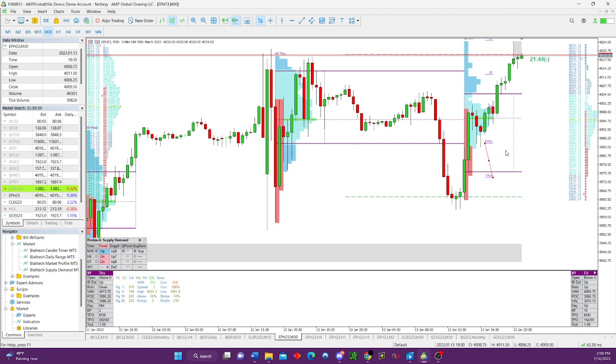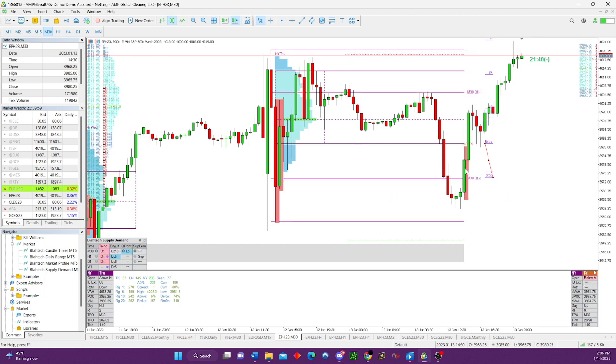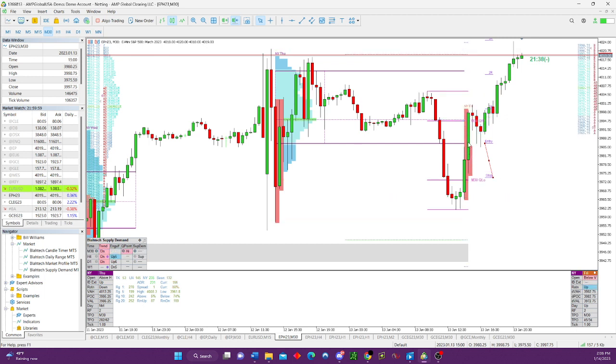Okay, with that being said, I noticed that this candle right here during the B period closed confidently inside yesterday's value area. Once I saw that, that was my clue and my signal to start looking for a value acceptance trade.